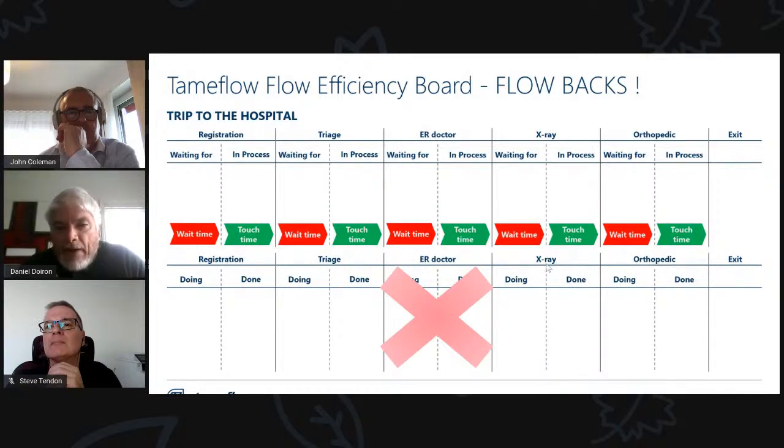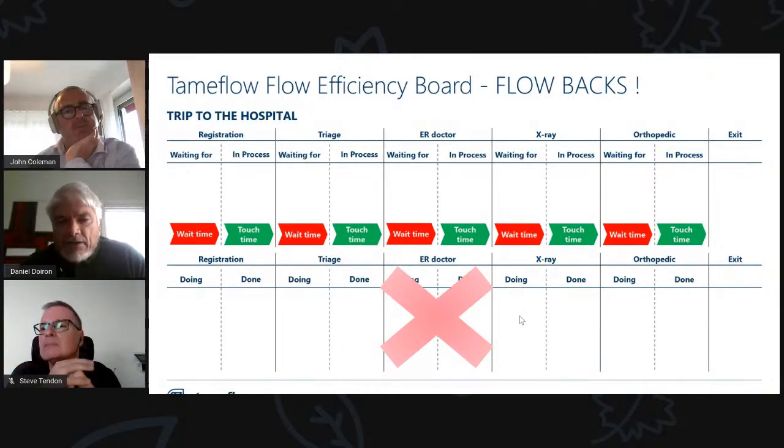And if I go to X-ray doing, is this where the problem is? What are the tickets that are there? Are they going to be put somewhere else? Because I'm accumulating touch time now. And if I accumulate touch time with a whole bunch of other people, our flow efficiency is going to go down. But we can't track it on a traditional Kanban board.